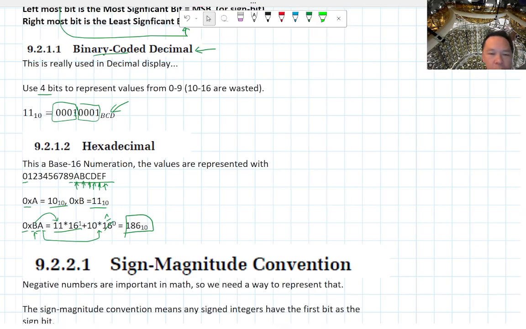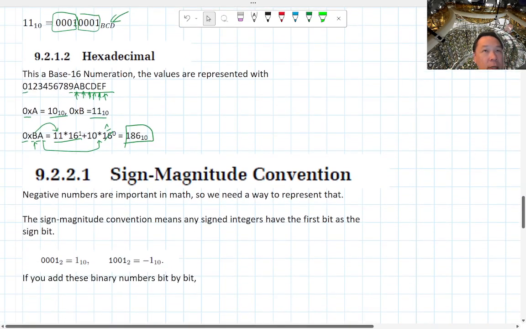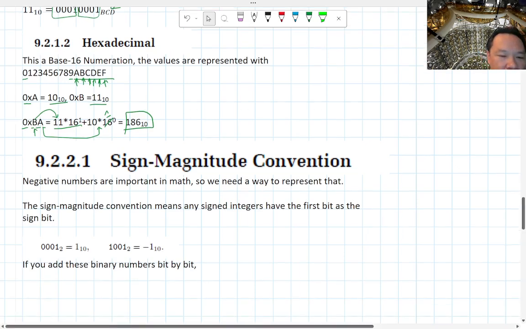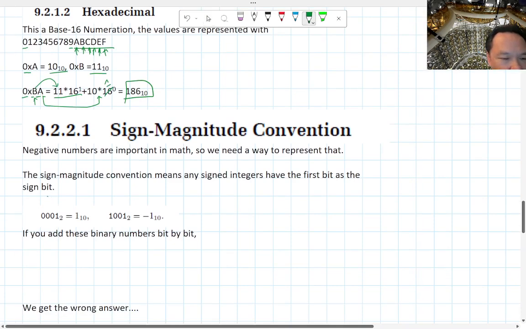Okay. So how do we deal with signed integers? As I said, having a positive $1 million versus a negative $1 million is a big difference. So we need a way to represent that, right? As I mentioned before, why don't we just use the first bit to represent the sign? Okay. So this is an example here from the book. Let's say you have 0001 in binary.